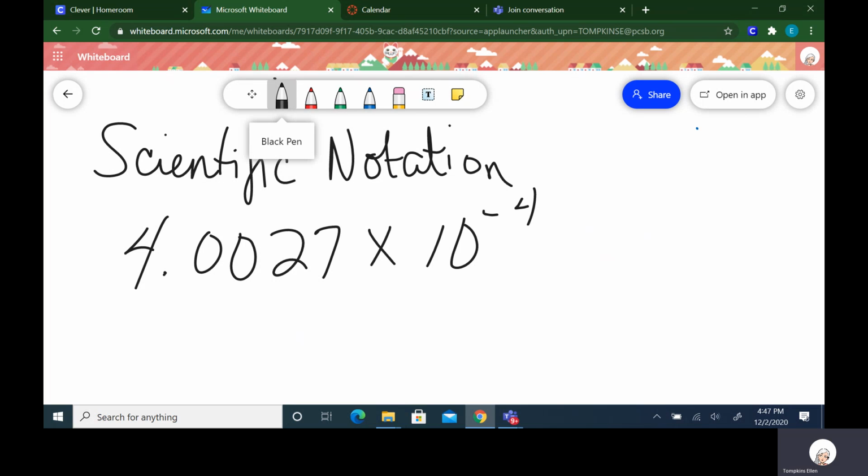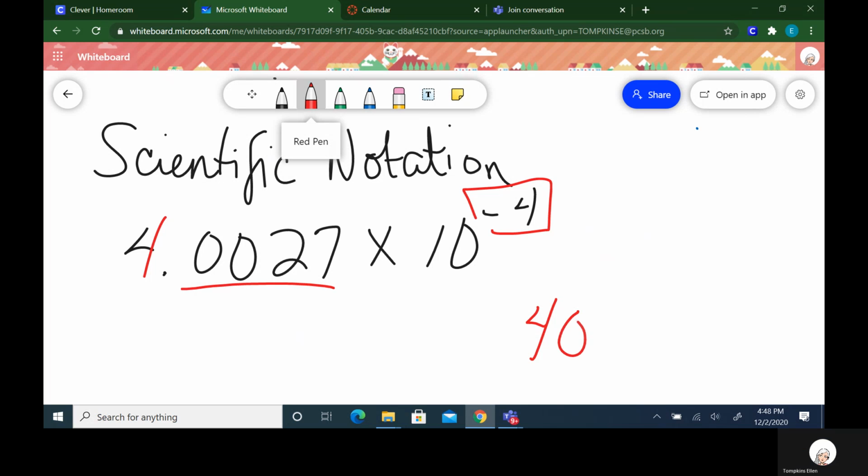Well, my 4.0027, because it's a negative exponent right here, I know I'm going to have a decimal. So my way of building it is I'm going to go ahead and jump up here. So 4, and then I'm going to write all of this. 0027.